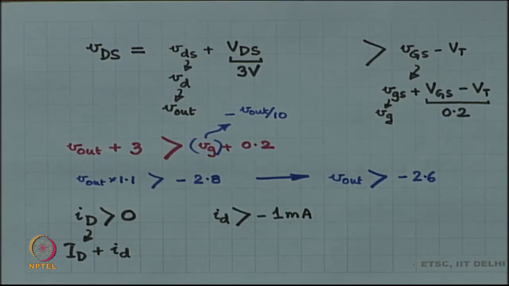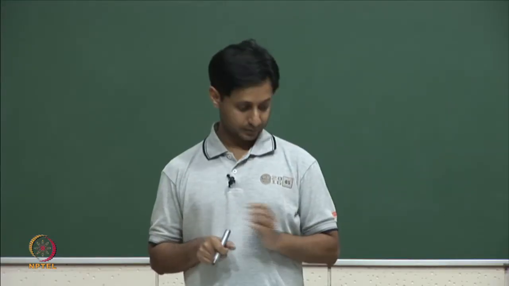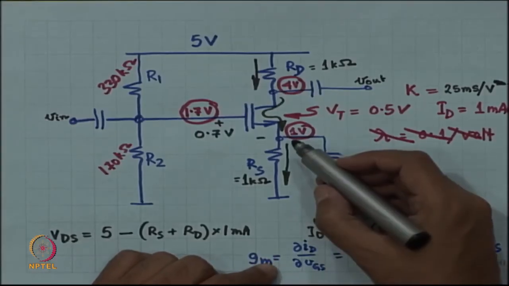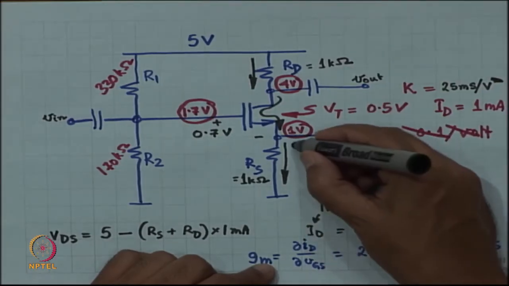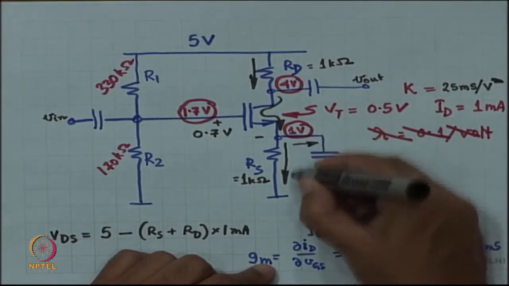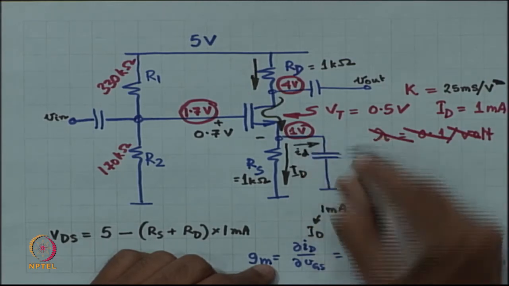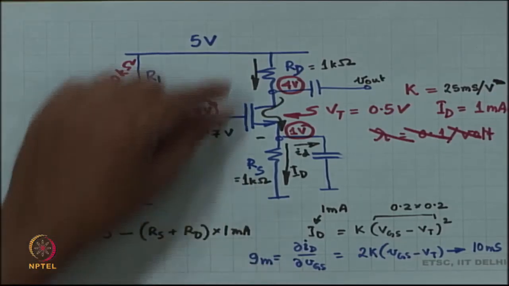It has to be more than minus 1 milliampere, it can't be less. Okay. Capital ID goes this way, small ID goes that way. So, it splits up.